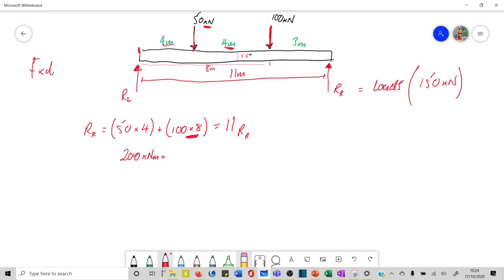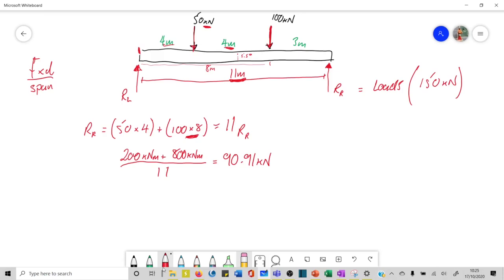And then we've got the sum of 100 times 8, which is 800 kilonewton meters, and we divide all of that by 11, so force times distance divided by span. The span is 11, and that equals, as the book says, 90.91 kilonewtons.